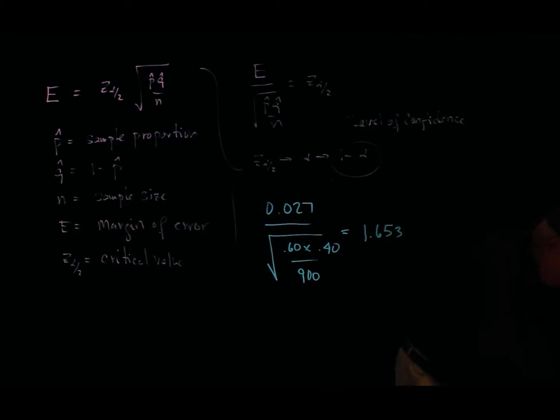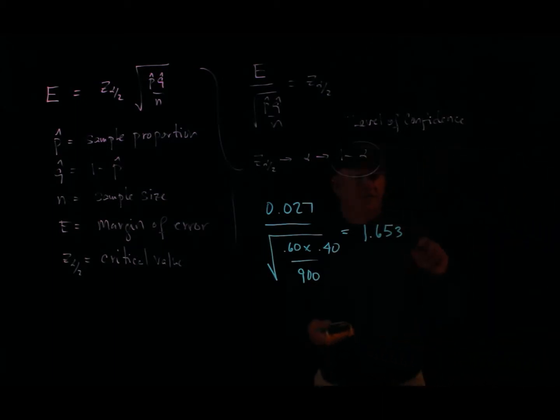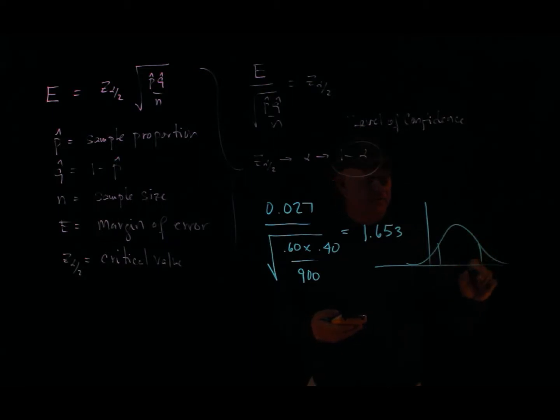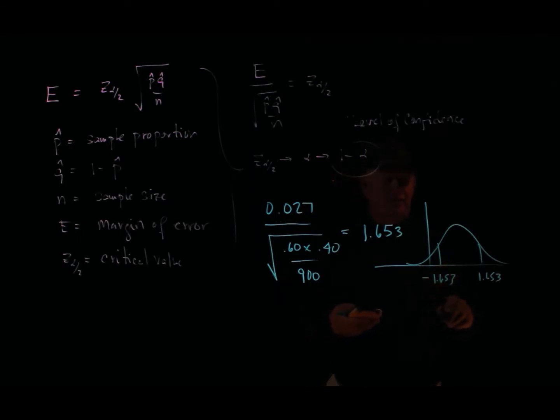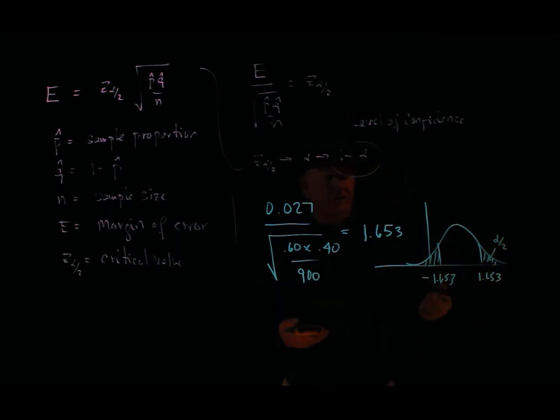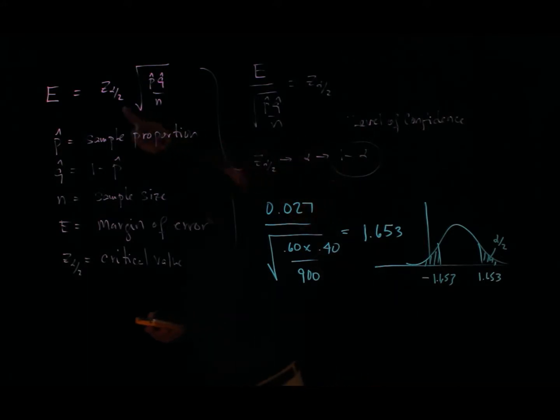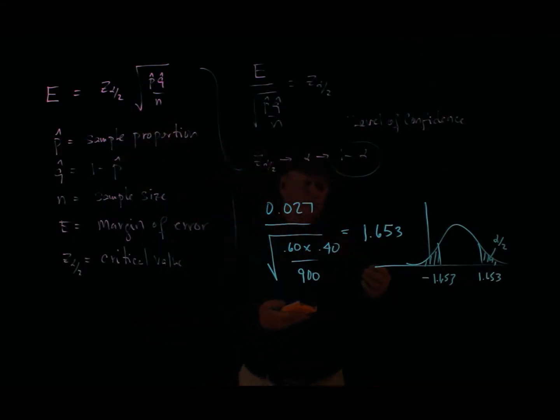In a confidence interval, if I was to draw a normal curve, then this would be 1.653 and this would be minus 1.653. So what I have to do is find either one of these areas, because either one of these areas is alpha over 2. That's what the notation z alpha over 2 means.